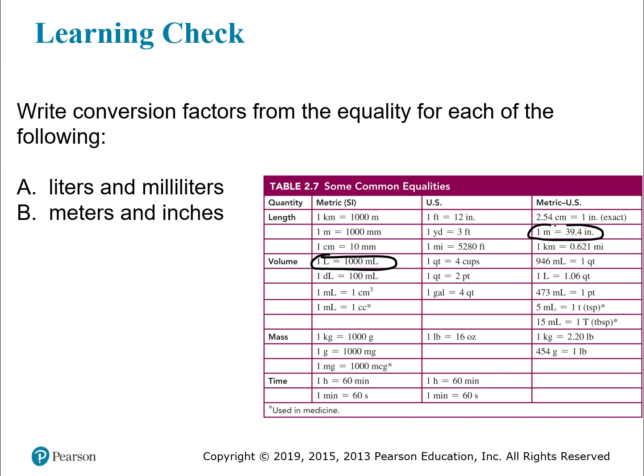That's here. You may encounter equalities that are not on the chart specifically, and you may have to take 2 equalities and relate them to get the equality that you need. We did a couple of examples of that earlier in this lecture video, and we'll do some more of that in class.